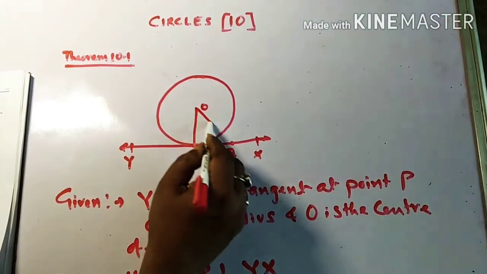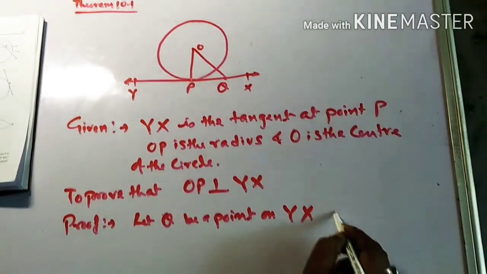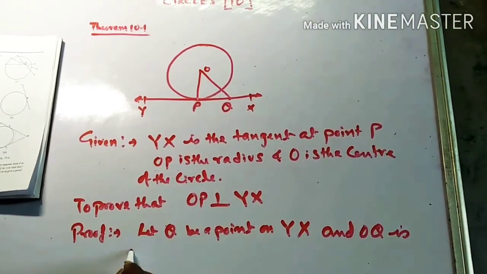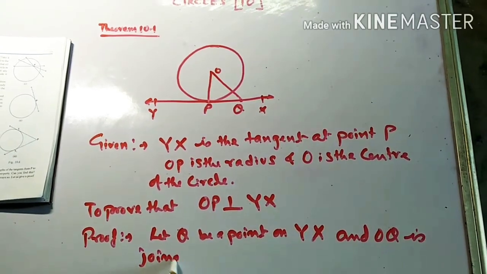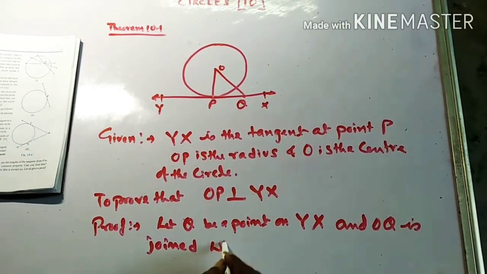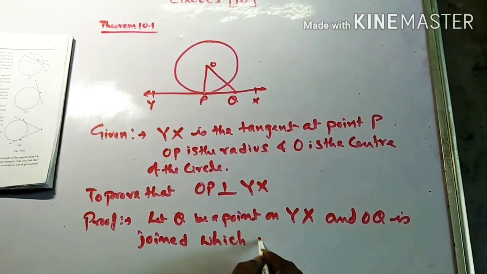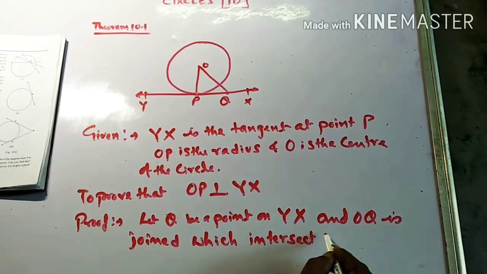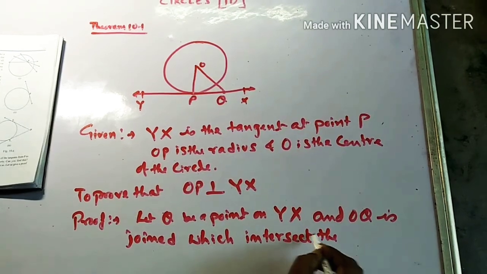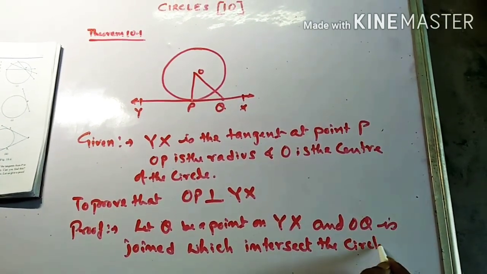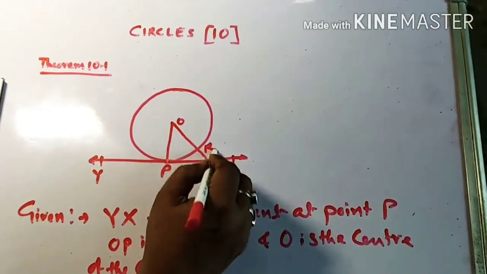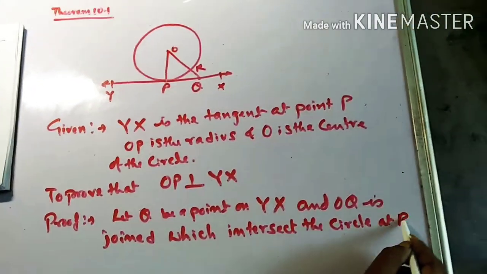And OQ is joined, which intersects the circle at, let this be R, at R.